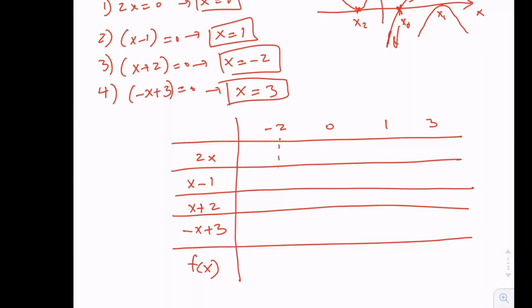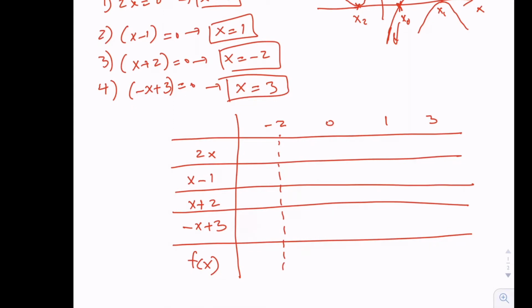Now, if I have a dotted line under all of these roots that we found, we know that 2x is 0 at 0, x minus 1 is 0 at 1, x plus 2 is 0 at minus 2, and minus x plus 3 is 0 at 3.